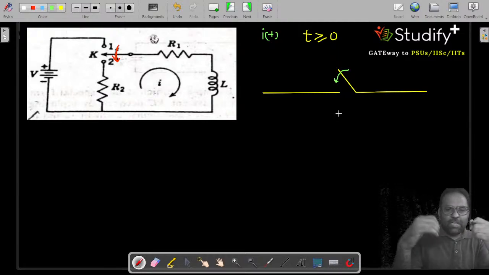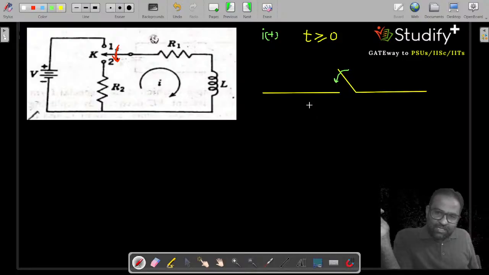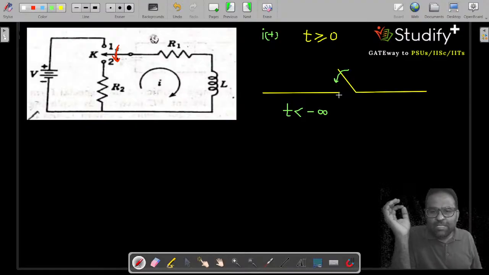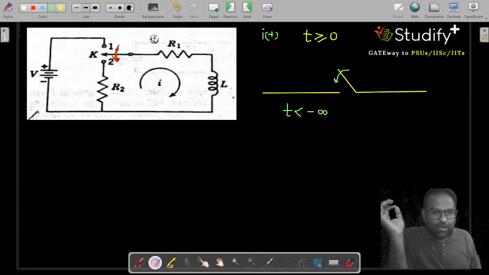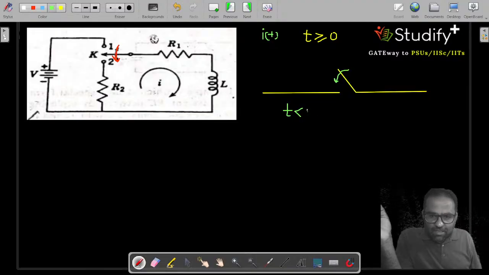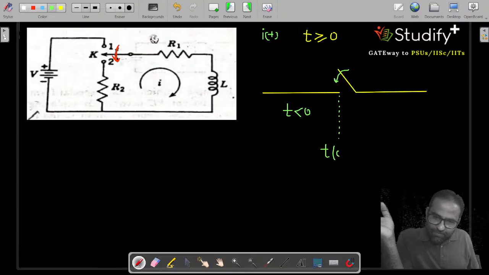We are not interested in the circuit for t less than 0. Only one point is very important for us, and that is the energy stored in the circuit at t0 minus.